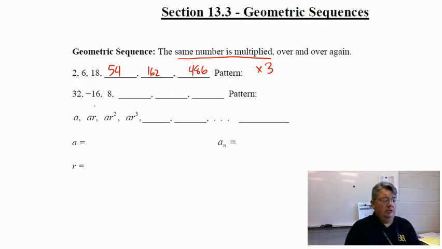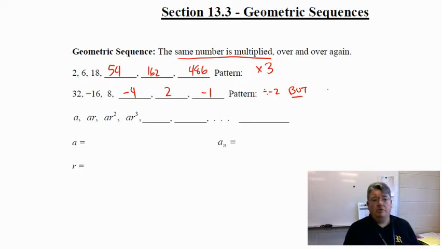What about this one? 32, negative 16, 8, 4, except careful, positive, negative, positive, negative. This next one's going to be positive 2, then negative 1, right? You say it's dividing by a negative 2, but I want to put it in terms of a multiplication.